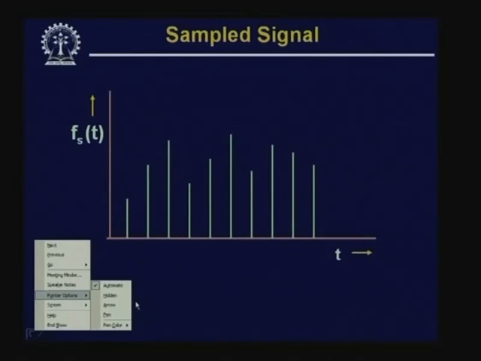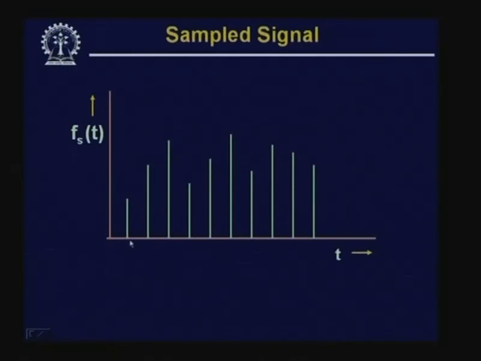These values are present only at discrete locations. At any intermediate location we do not have any information of this function f(t), and because we do not have this information, we have to go for interpolation for all those values of t where we do not have the samples present. And after interpolation, again we have to go for resampling to fill up those positions.